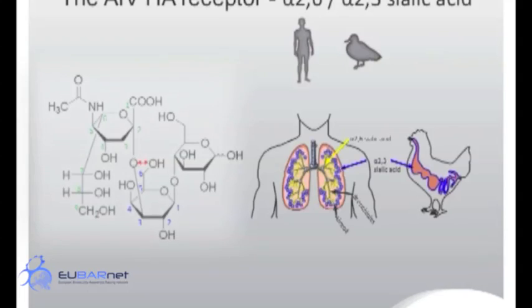One of these is typically found in the respiratory pathway of humans, while the other one is found in the intestines of birds. So this is found in the intestines and gut of birds, and that is a normal way that this virus replicates and spreads.